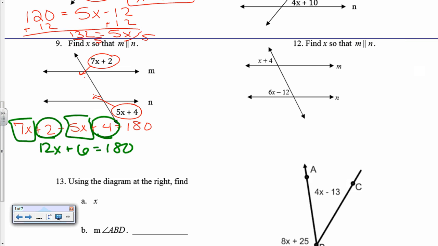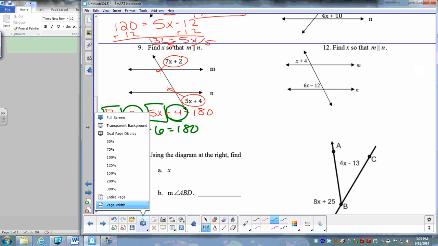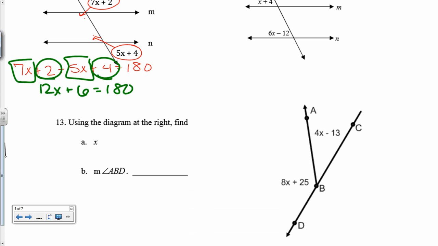Sorry for keep going back and forth between things. Subtract 6. And I get that x equals 14.5.